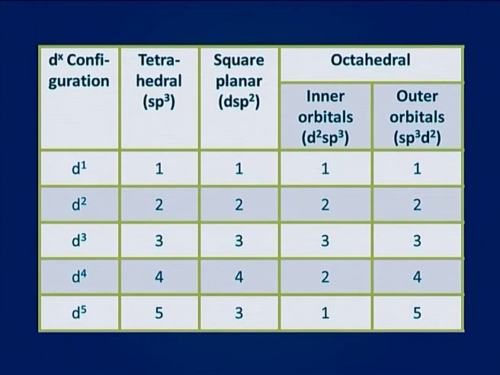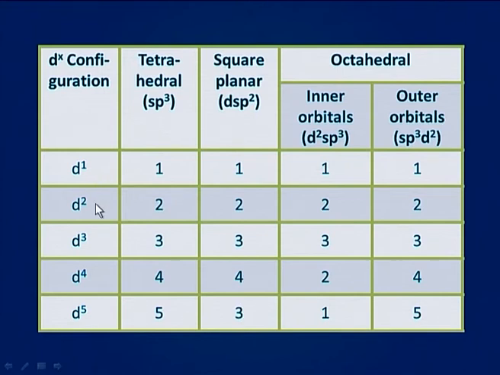The number of unpaired electrons and the geometries of the complex ions having central metal ion with configurations d1 to d9 are related to each other and are shown here.